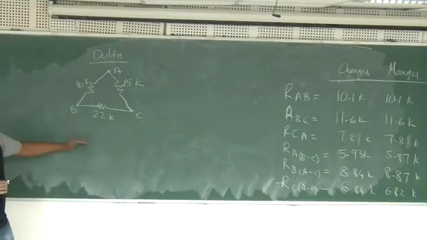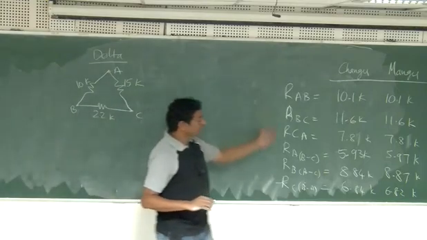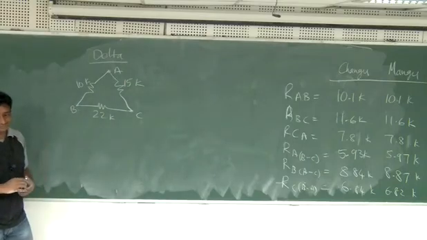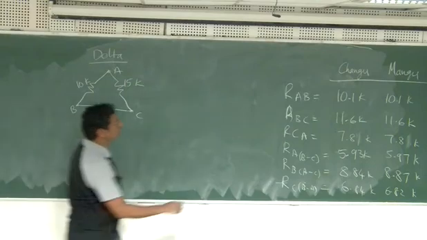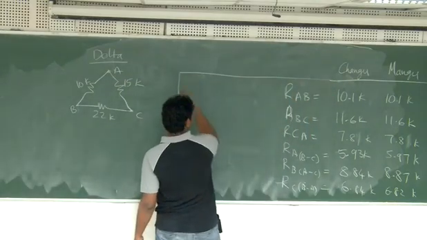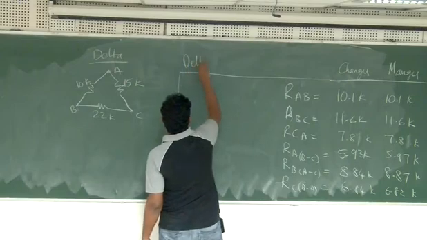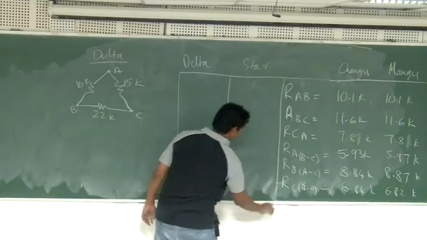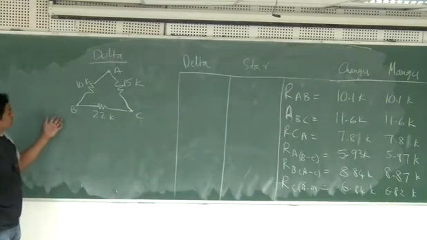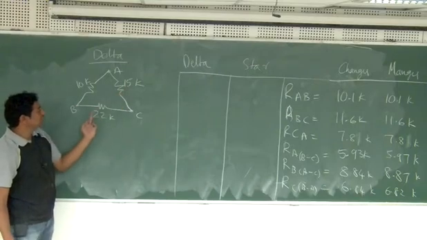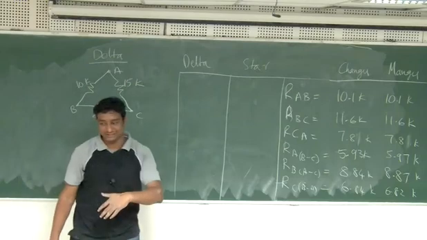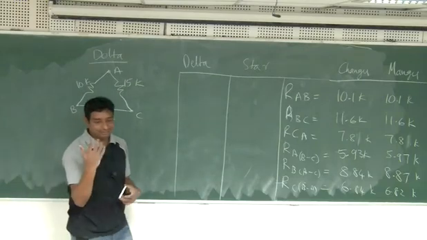If this was the delta, can we verify whether these values come out correctly or not? So what is RAB in this? I'll write it here. This is delta and this is star; we'll come to star. See, these two are in series, so it is 37 in parallel with 10. 10 into 37 by 10 plus 37, 370 by 47.